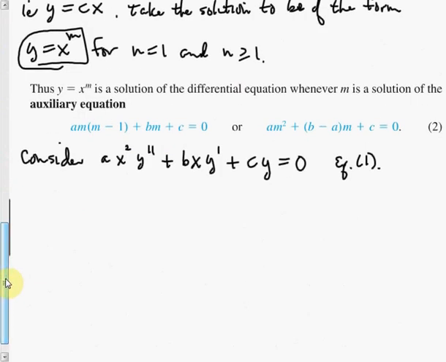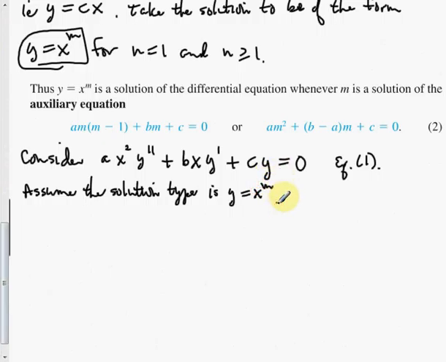Since we make the assumption from the first order that the solution is of the type y equal to x to the m, then we assume that here. So assume the solution type is y equal to x to the m.